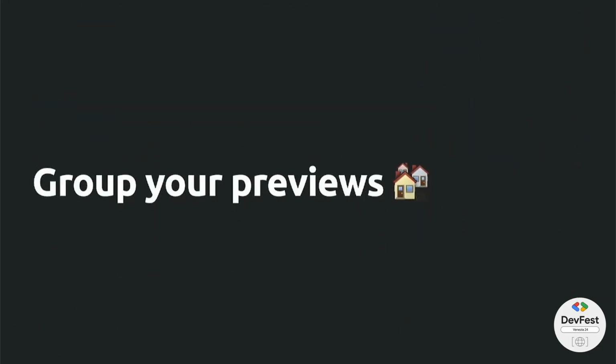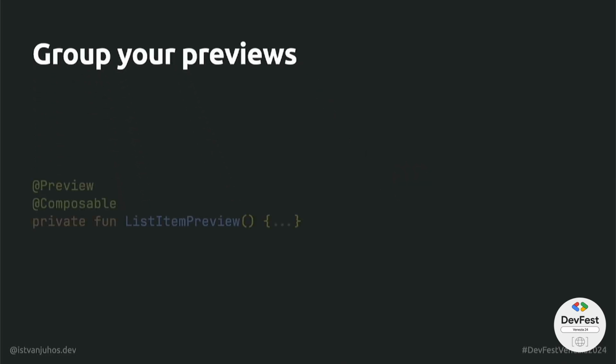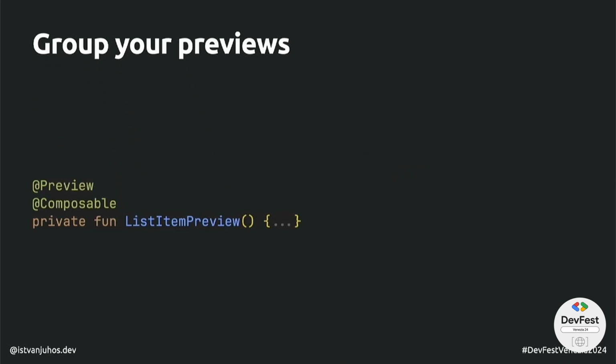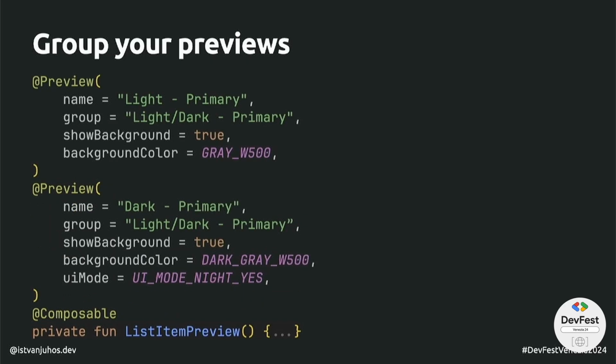The next tip: group your previews. Let's get back to our previous example. There is a preview composable with the list item, and we've done two previews again. Those are the same, we just have more parameters set on them. We have a name and a group for each of the previews, and those are aptly named.